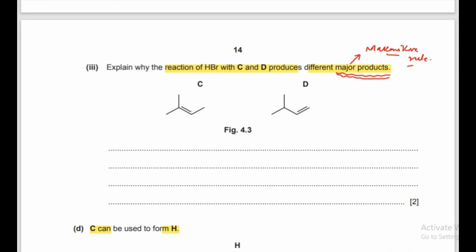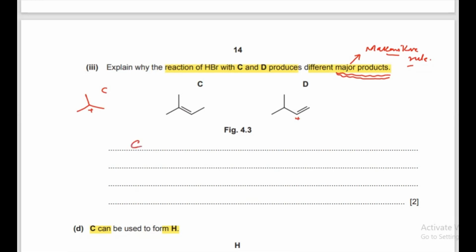So C here will form a tertiary carbocation, if we make it like this. And D will form a secondary carbocation. If we attach hydrogen here, then this will form a secondary carbocation.